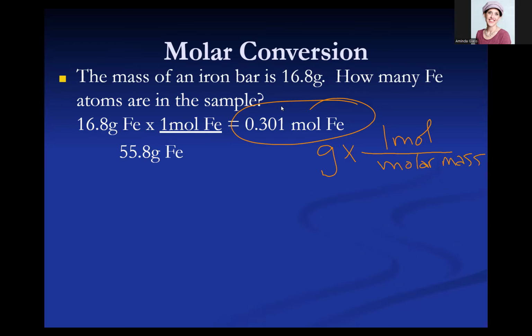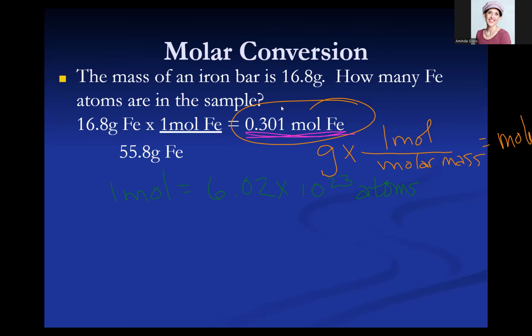And that'll give us a number of moles. So that's kind of a basic equation for determining moles. But now we want to know how many atoms there are. Well, we know that 1 mole equals 6.02 times 10 to the 23rd atoms, or molecules, or formulas, depending on what you're asking. So 1 mole equals 6.02 times 10 to the 23rd something. All right, so we know that.